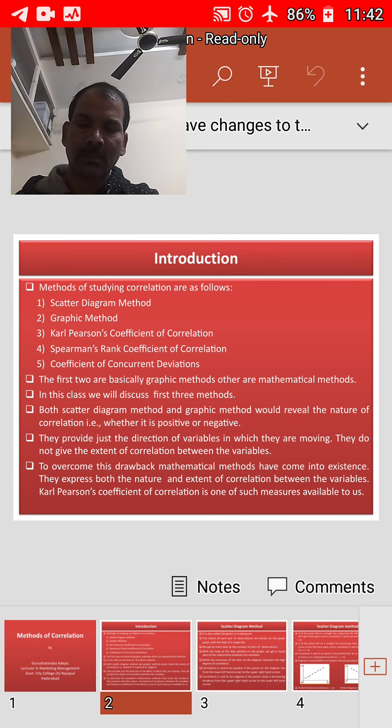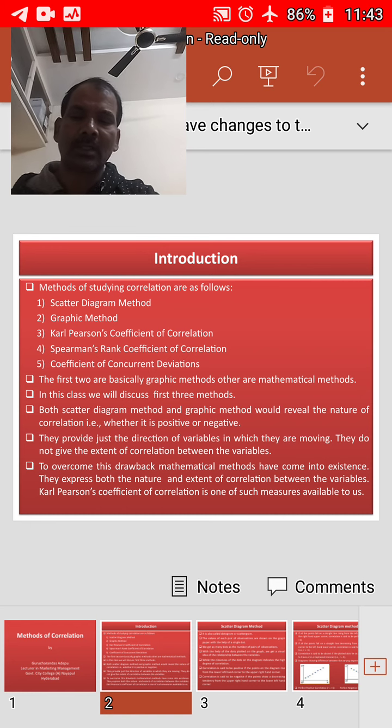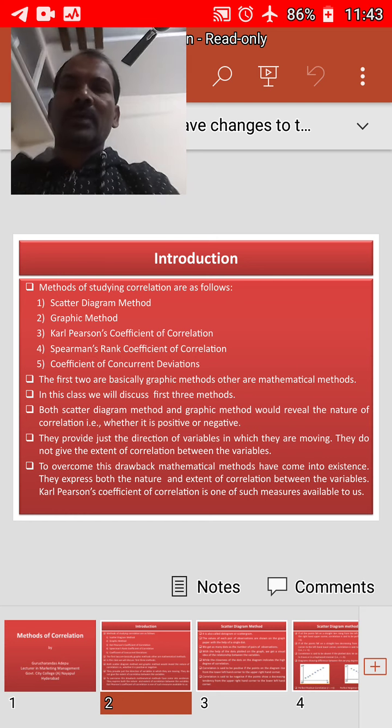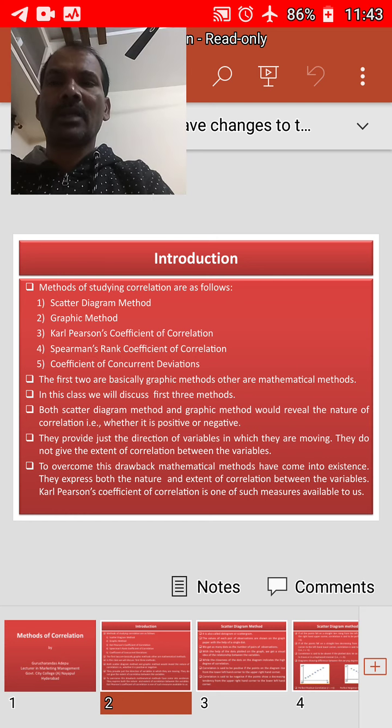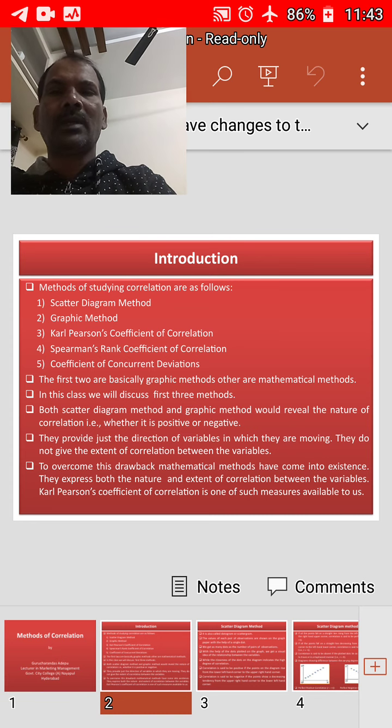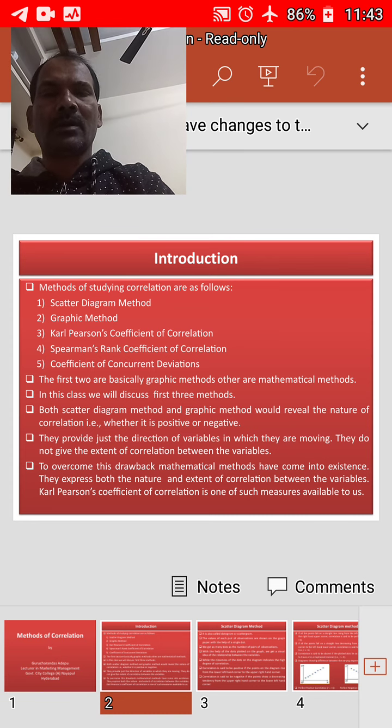Both the scatter diagram method and graphic method reveal the nature of correlation, that is, whether it is positive or negative. In other words, they provide just the direction in which the variables are moving. They do not give the extent of correlation between the variables.